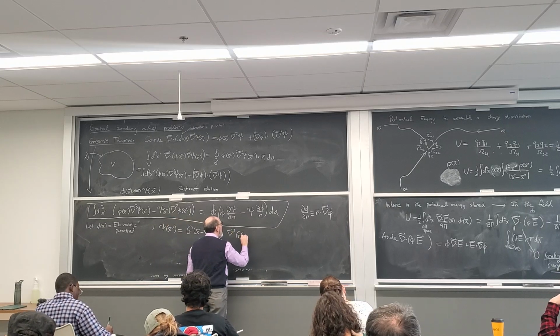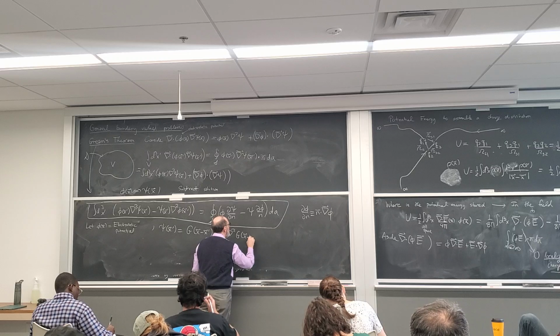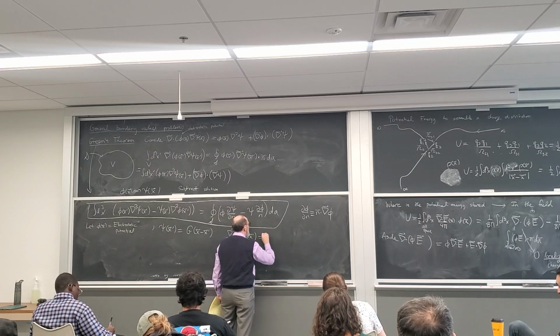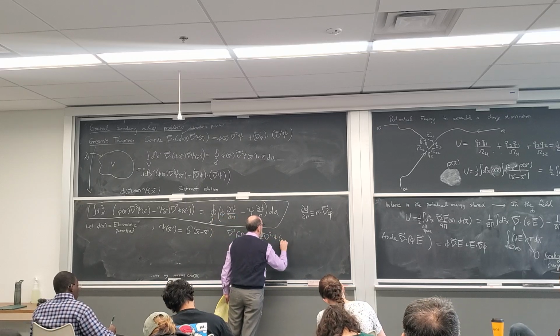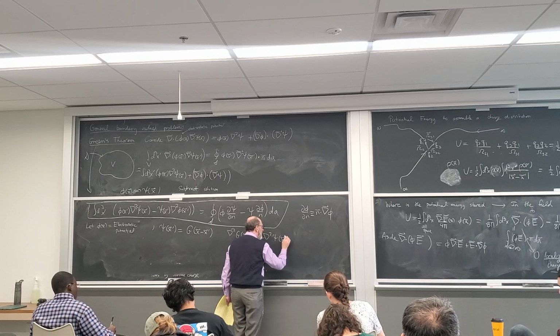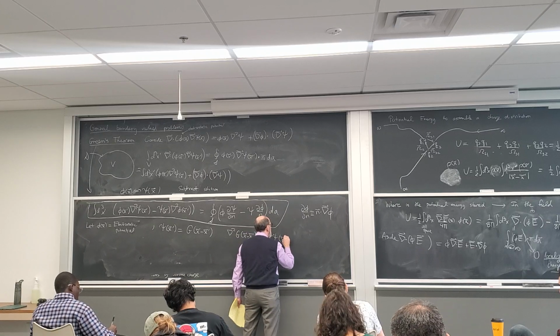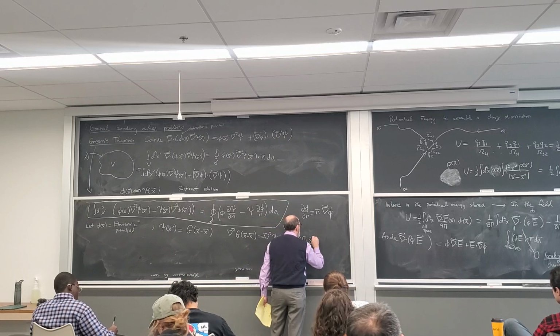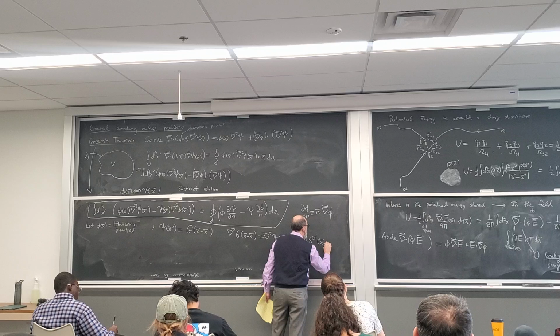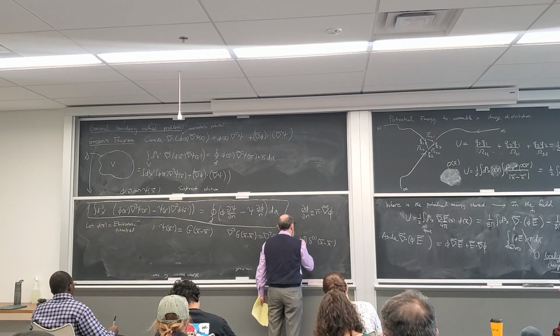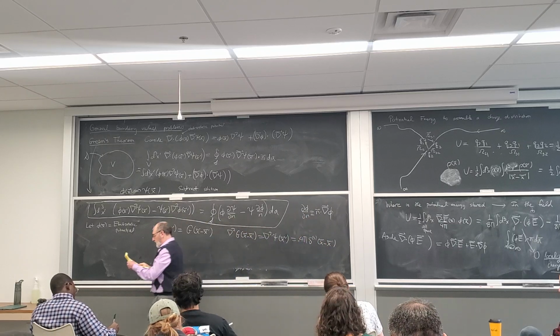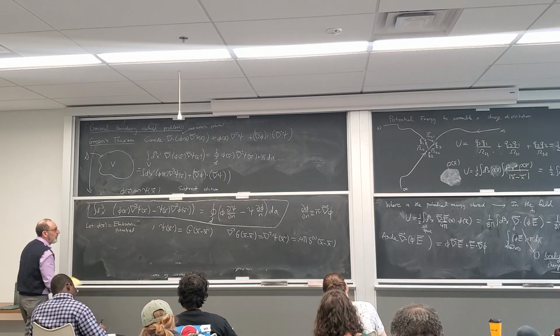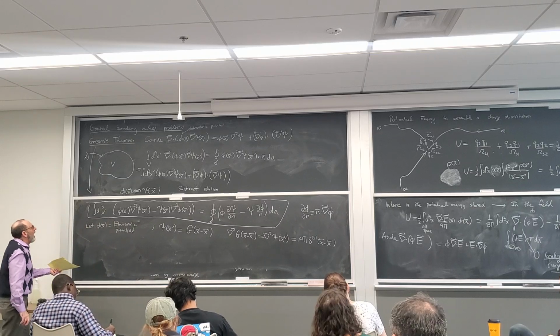That is to say, I want this function, which is parameterized by x, the position of observation, to be the solution to the Poisson equation for a point charge.